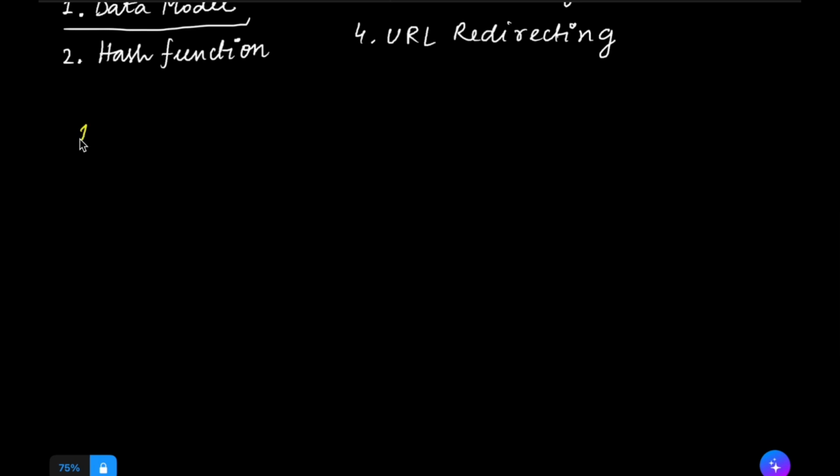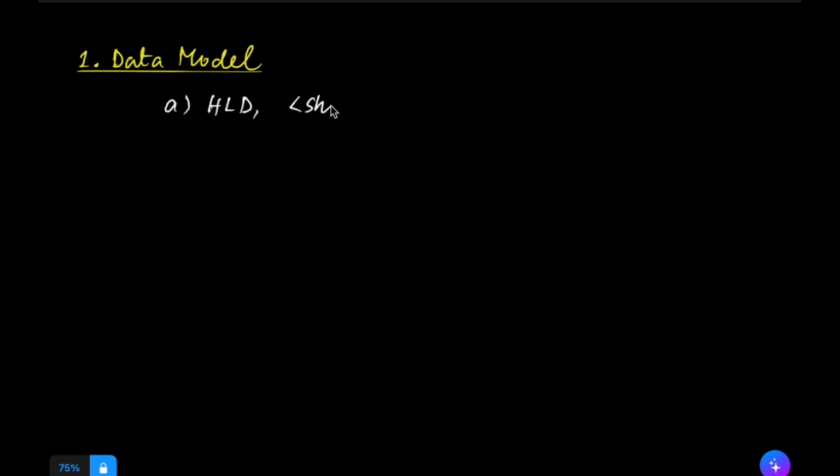So data model. As we have seen in high level designing, the short URL, long URL pair is stored in a hash table.